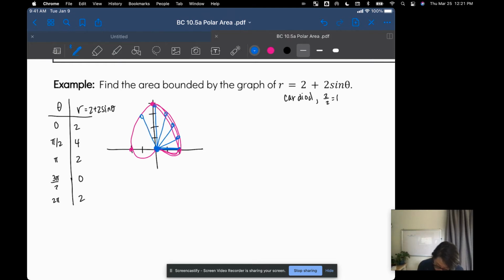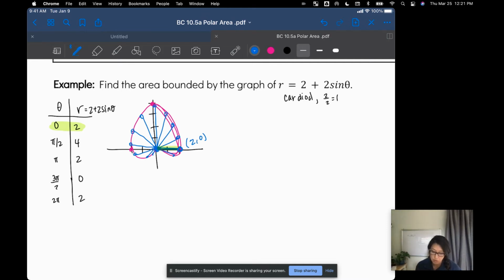We're going to take an infinite number of these lengths and add them all up together. And I know that right at 0, the radius is 2. So this is 2, 0. So that's where we're starting our curve.